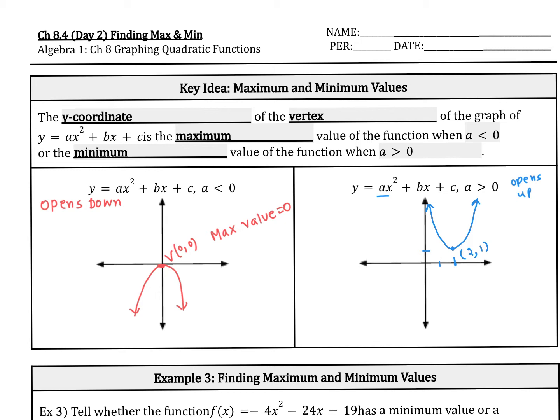Now the vertex is all the way at the bottom of the parabola, so you're going to have a minimum value, and the minimum value is the y coordinate, so the minimum value is going to be 1. Again, if the parabola opens down, you're going to have a maximum value. If the parabola opens up, you're going to have a minimum value. And you always list the y coordinate.